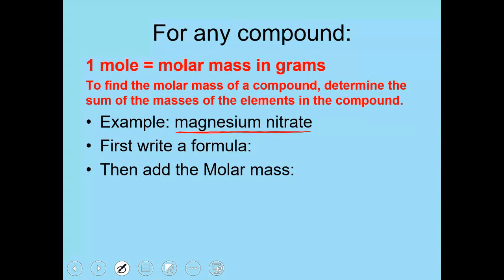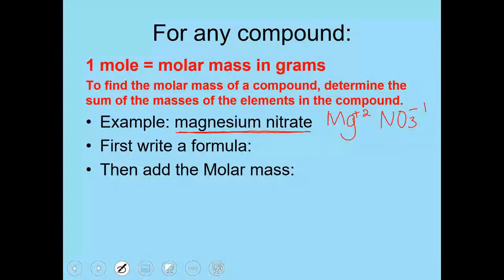Now, first of all, if we write the formula, we need to know our ions. So magnesium is +2. I know that because it's an alkaline earth metal, and all of those make +2 cations. The nitrate, I look up on my ion chart because it's polyatomic. It has more than one atom. And I see that nitrate is NO3 -1.